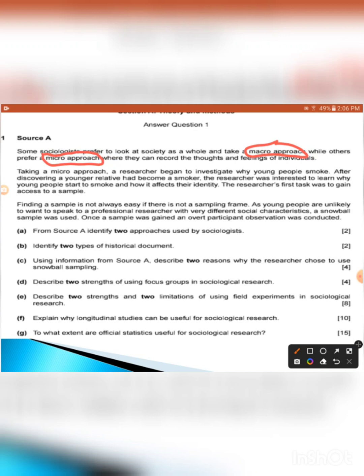They focus on individuals, on what their customized views are, okay, what do they think, how do they feel. So micro approach is, you can say, a more customized approach, and obviously the results cannot be generalized.